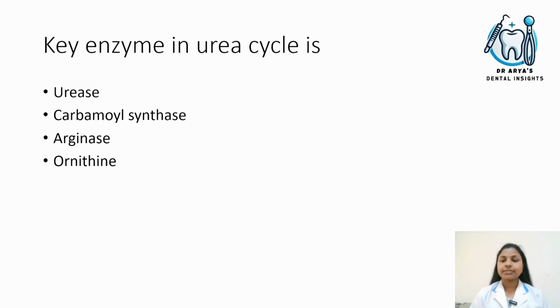So next question is key enzyme in urea cycle. Which is the key enzyme in urea cycle? Urease or carbamoyl synthase or arginase or ornithine?